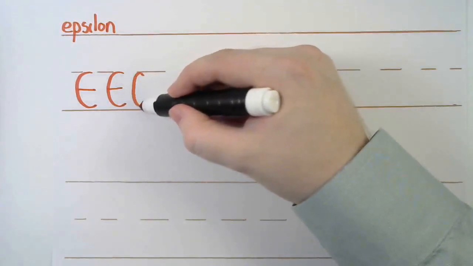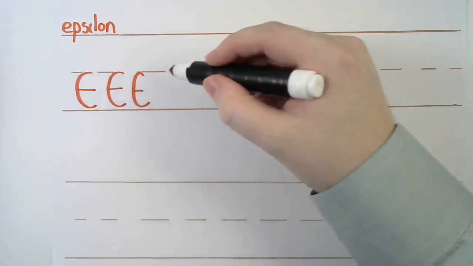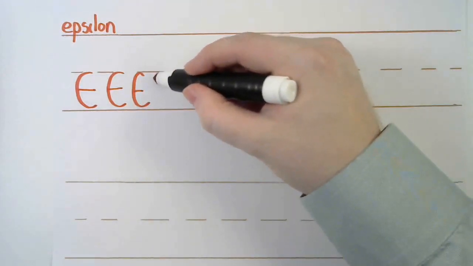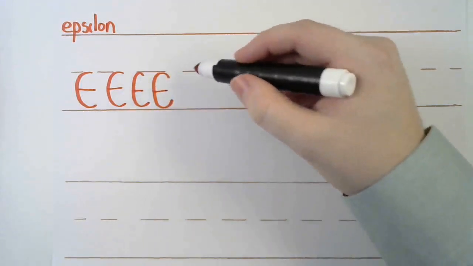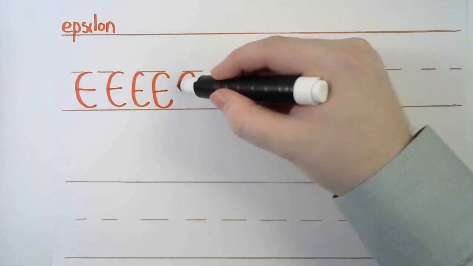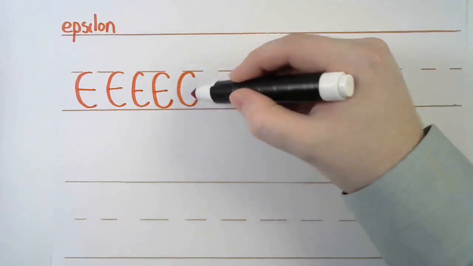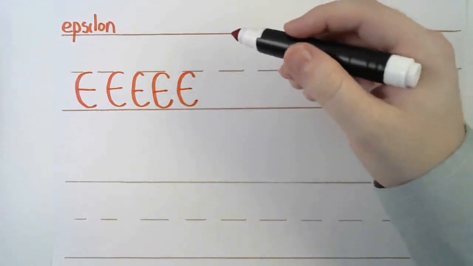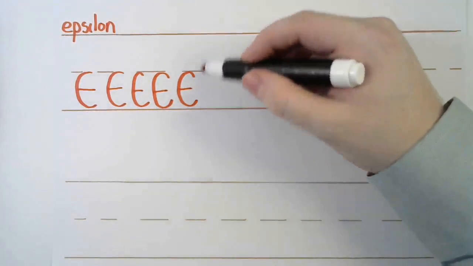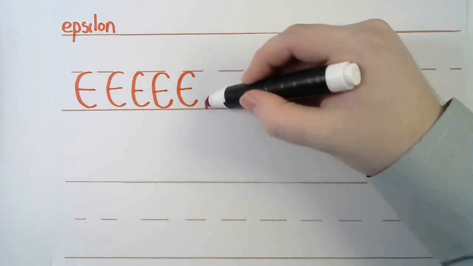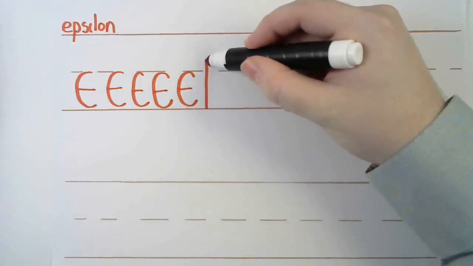Epsilon. C with a line. Start, you go back, a big loop, and line. Now the capital epsilon, you can either start at the bottom or the top, whichever suits your fancy.